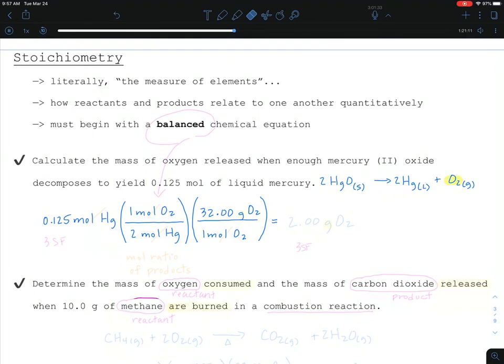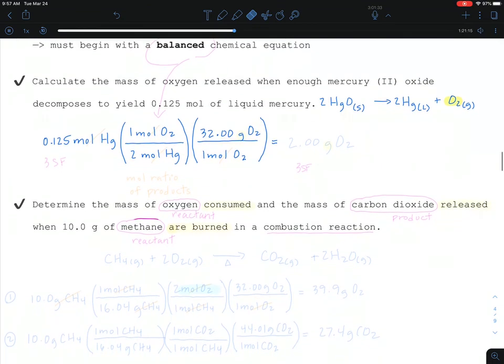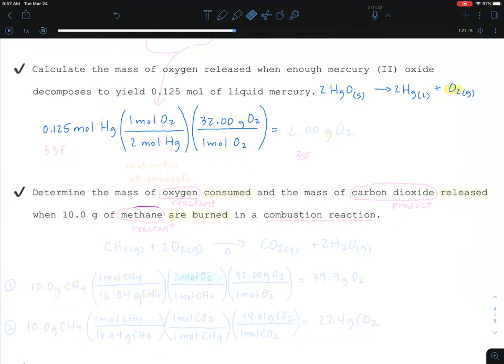So I've got 0.125 moles of liquid mercury, and my moles of mercury are going to cancel out. Here's my mole ratio of products. It's how I know how much oxygen was made. I don't even need to know how much of that stuff decomposed on the reactant side.